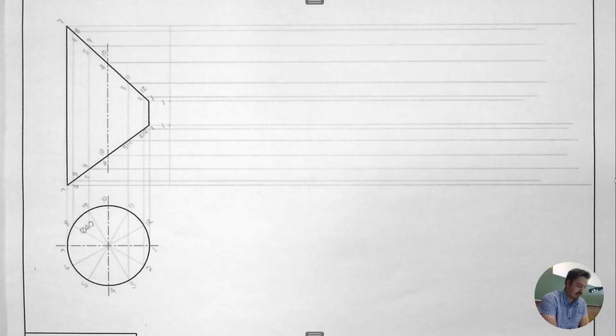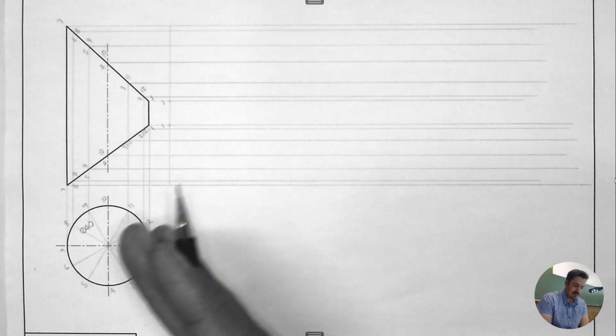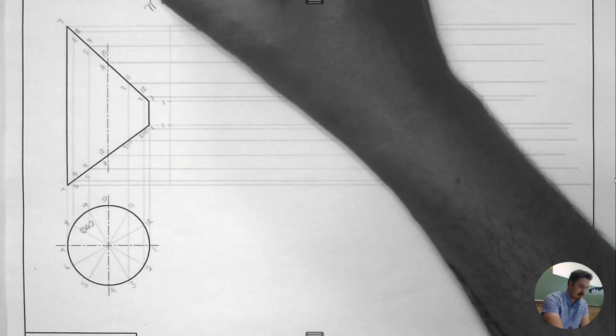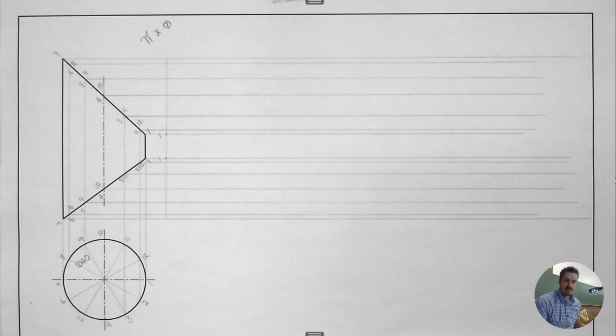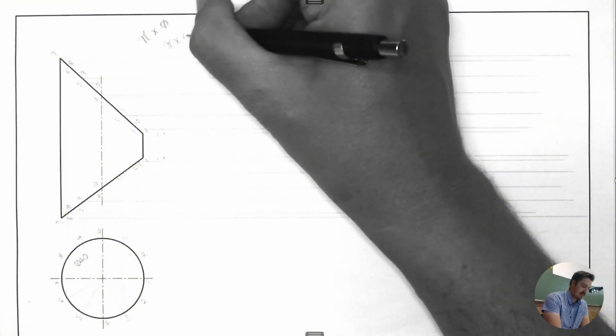So we have to do one of two things. Either we have to do segment lines, or we have to do an equation, a formula. So the formula to determine the length of a can or a cylinder that has been cut open is this. It's pi times diameter. So in this case, it's going to be pi times 40.